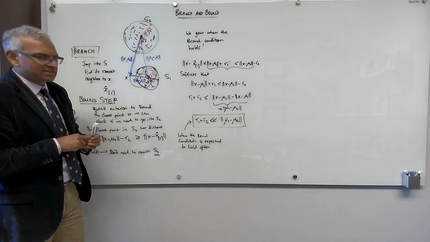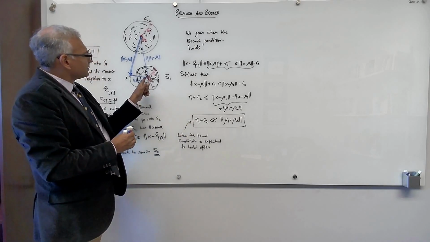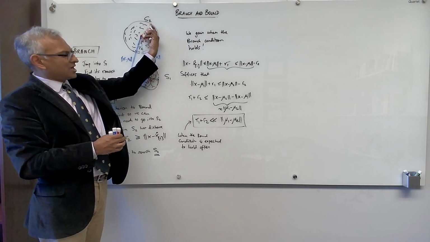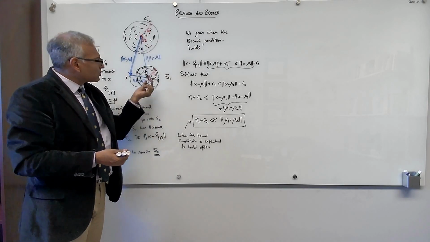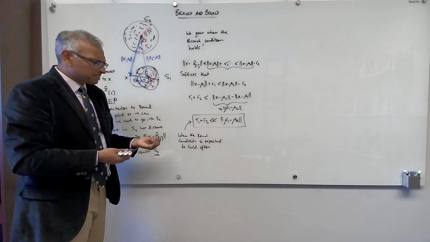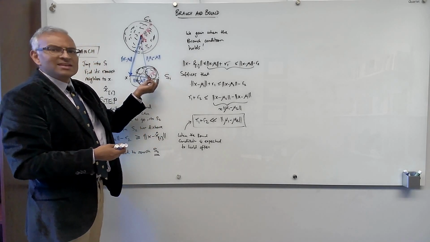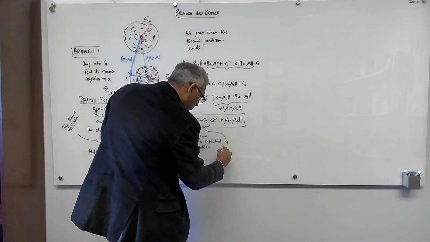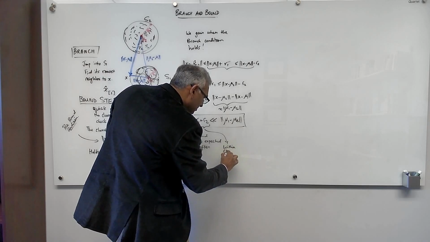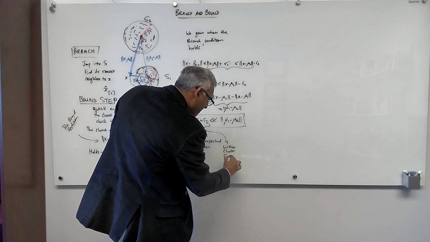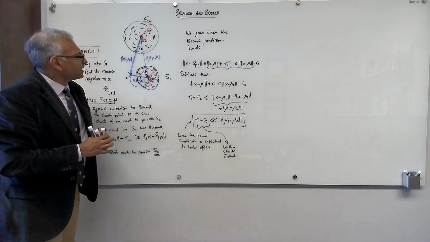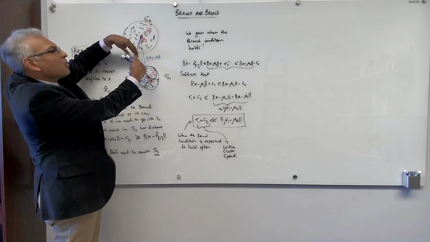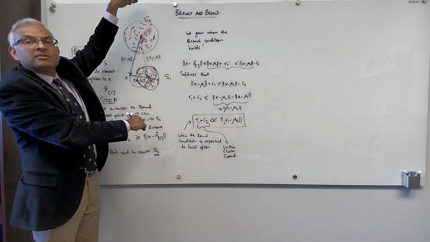Now let's analyze that. What's R1 plus R2? R1 is the size of cluster 1, R2 is the size of cluster 2. So in some sense, R1 plus R2 measures what we call the within cluster spread. And what is mu1 minus mu2 in magnitude? It's the difference between these two centers, so that's how far apart the clusters are.